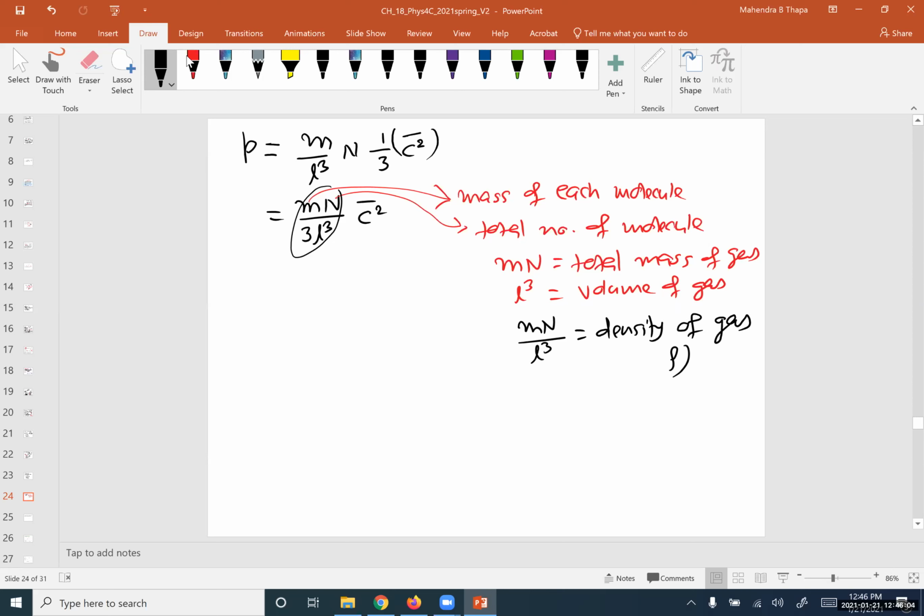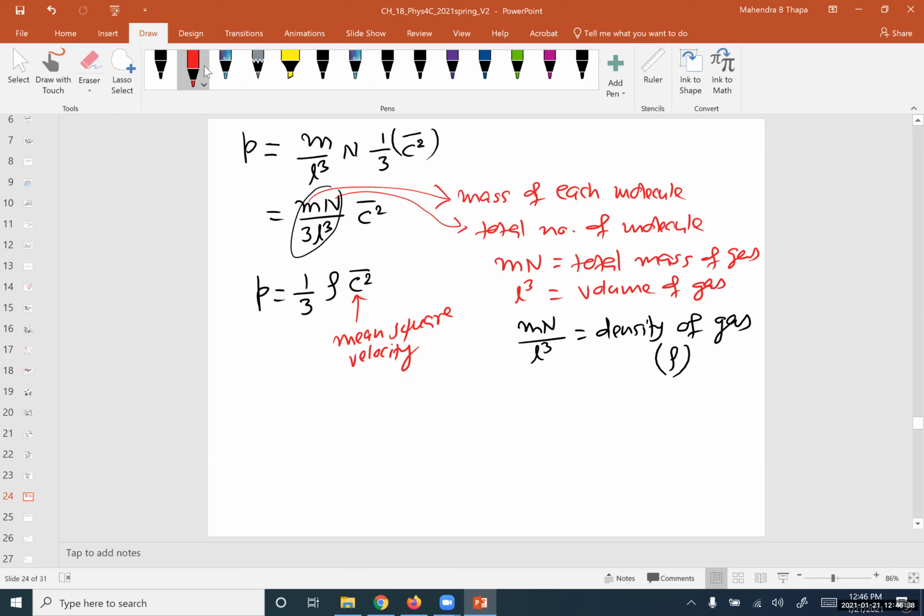You can represent it by rho. So we got one equation over here: P equals 1 over 3 rho c squared bar, where rho is the density of the gas. You know that c squared bar is the mean square velocity.